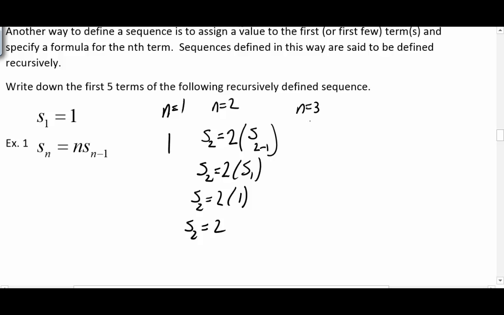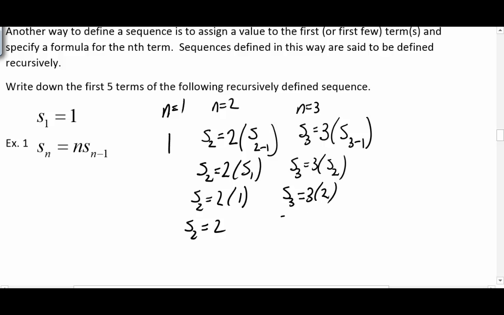Okay, the third number. Our third number in the pattern is n, in this case 3, times the pattern at the 3 minus 1 position. Well, 3 minus 1 is 2, so we're dealing with 3 times the value of the second number, and the value of the second number was 2, so the third number in the pattern is 6.